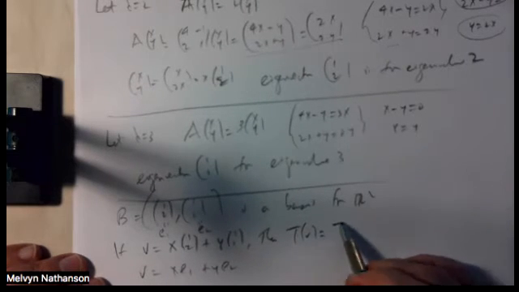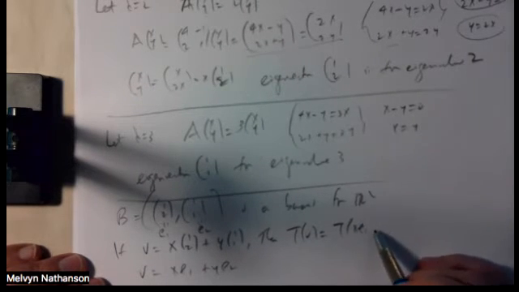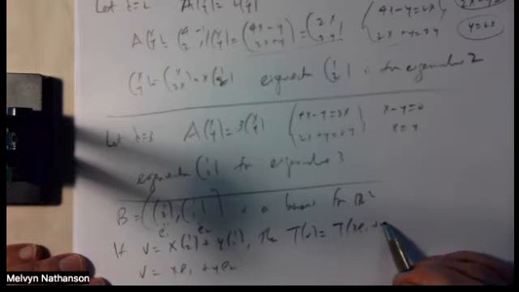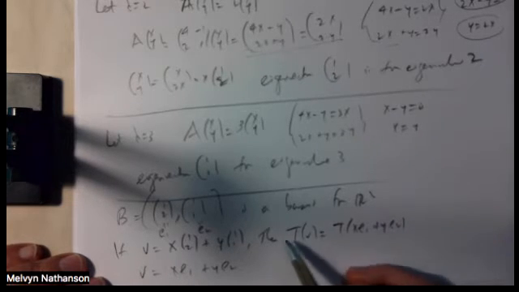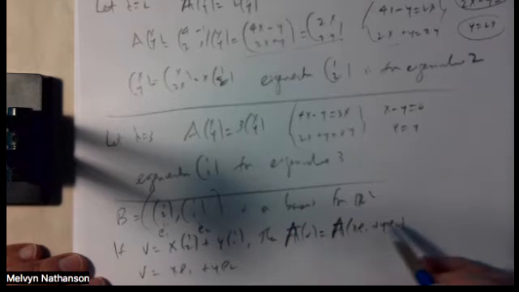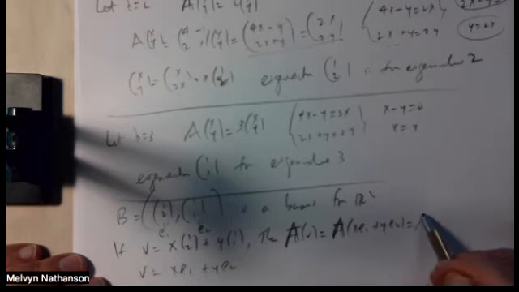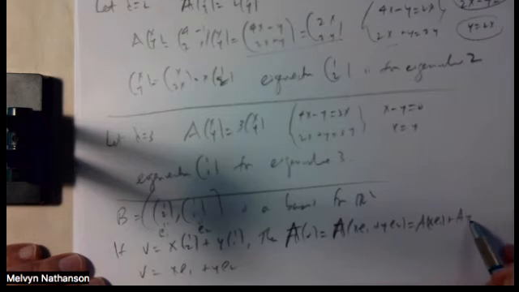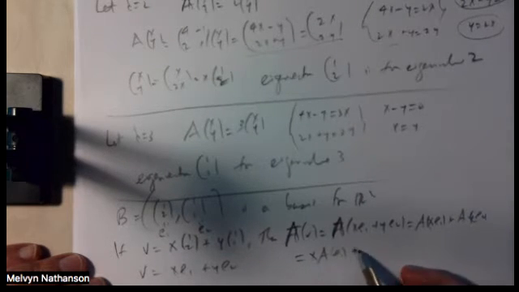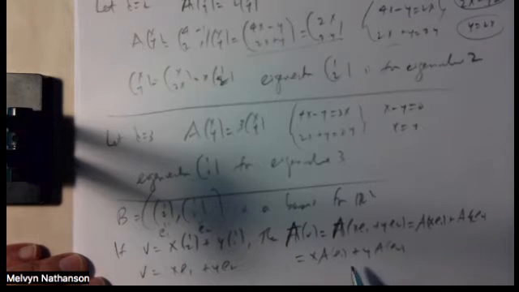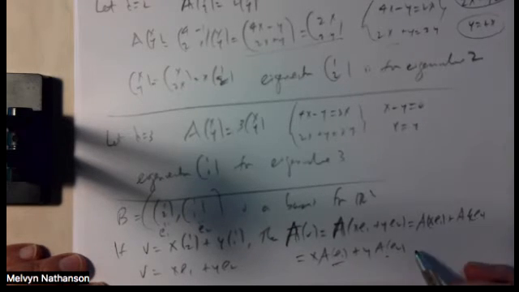Then if you want to understand T of v, T of v is T of x e1 plus y e2. So T is just, let me write this as A, the matrix. So this is A x e1 plus A y e2. That's x A of e1 plus y A of e2. But these are eigenvectors. This is just 2e1 and this is 3e2.